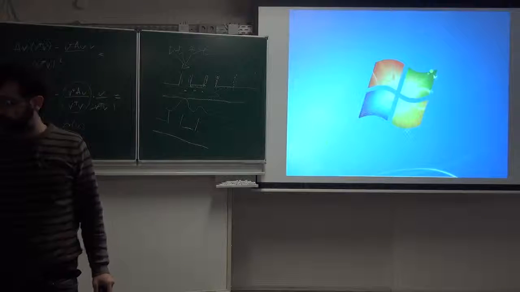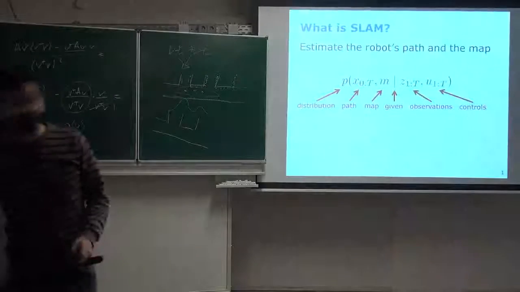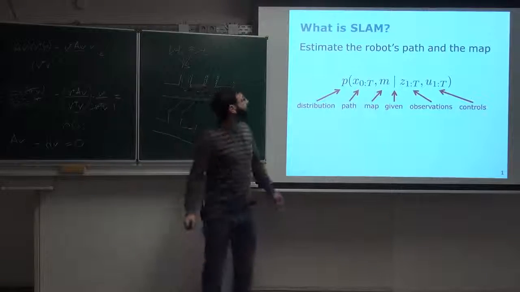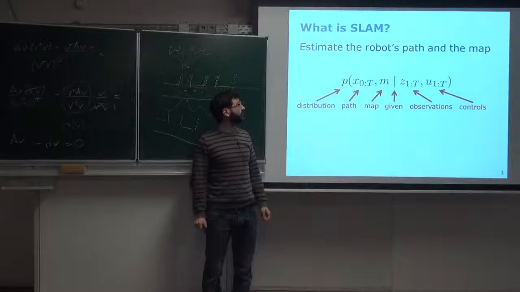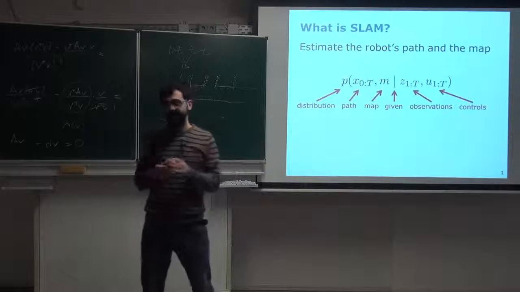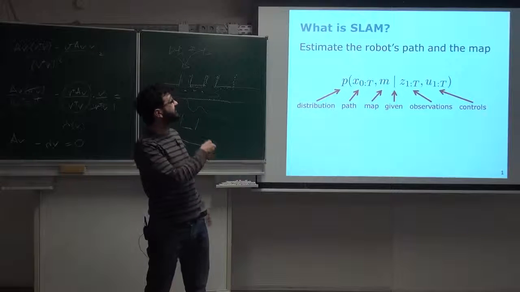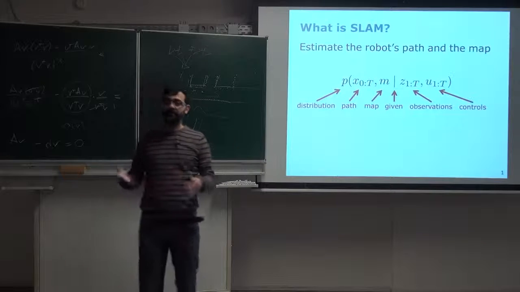No? Okay, so I can just then do a brief summary of the class, and then we can say goodbye. So what we studied during this whole class is this problem here. It's called SLAM, for simultaneous localization and mapping.